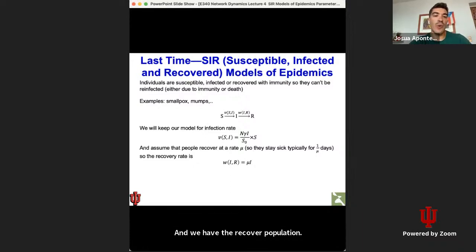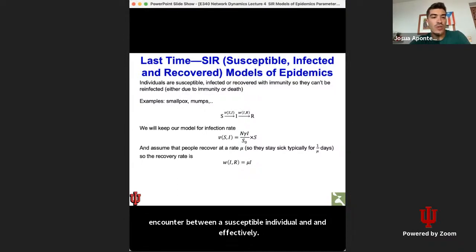And then the rate at which people become infected is proportional to both the number of susceptible individuals and the number of infected individuals, and for example, the probability that there will be an encounter between a susceptible individual and an infected individual.